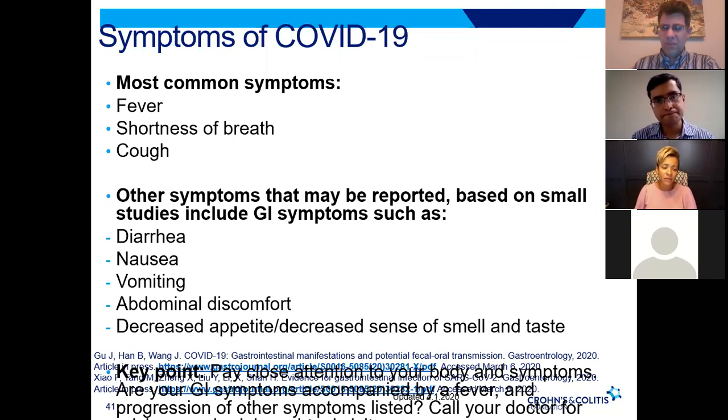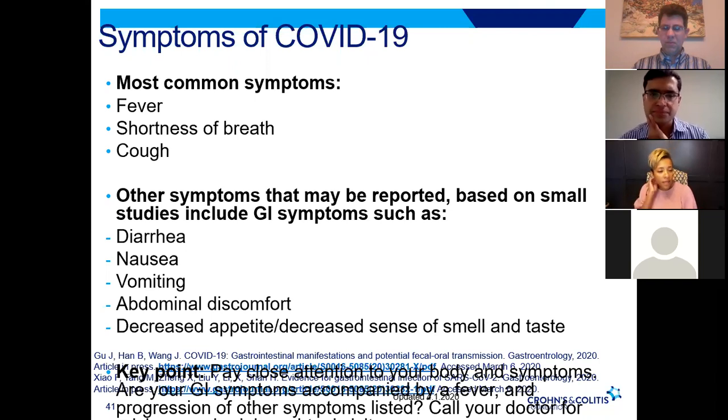This can be very confusing for patients with inflammatory bowel disease whose main symptoms are gastrointestinal distress. So it's hard to know if the diarrhea is a flare of your symptoms or if it's actual COVID-19. And then to complicate matters even further, any infectious process can cause a flare of your underlying inflammatory bowel disease.